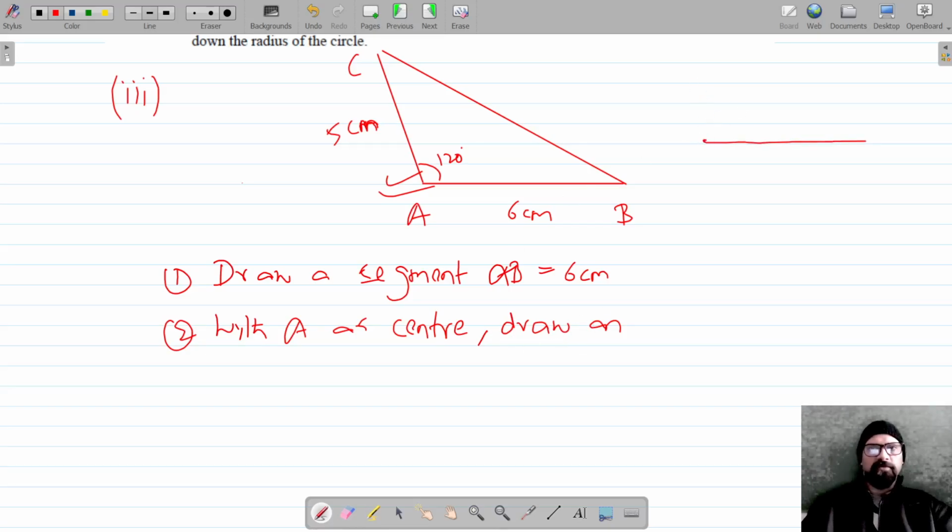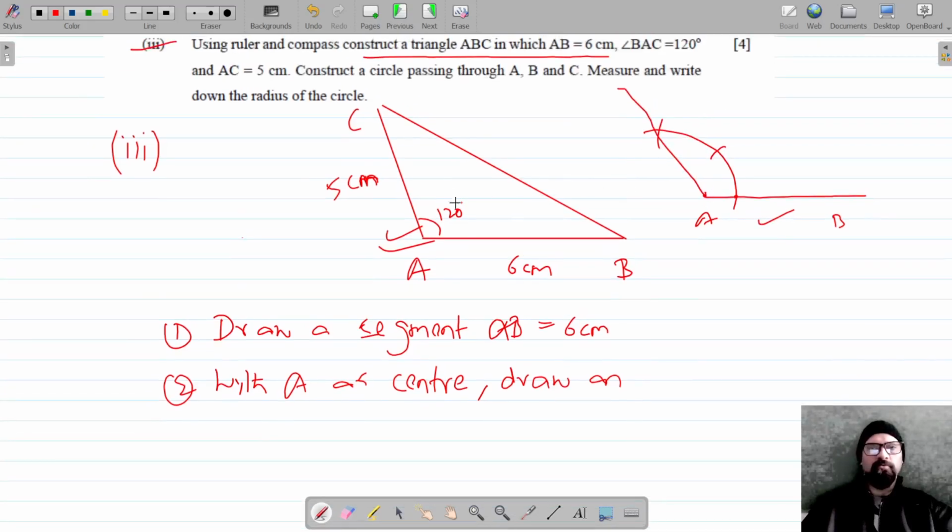With the compass, take A as center and draw an arc, and without changing the radius, taking the point of intersection on line segment AB, cut an arc here and cut an arc here. So this would be angle 120 degree.